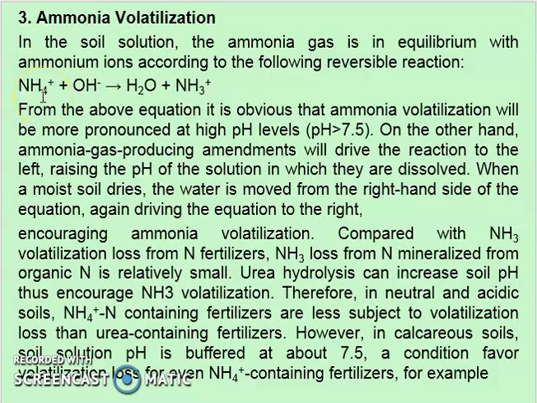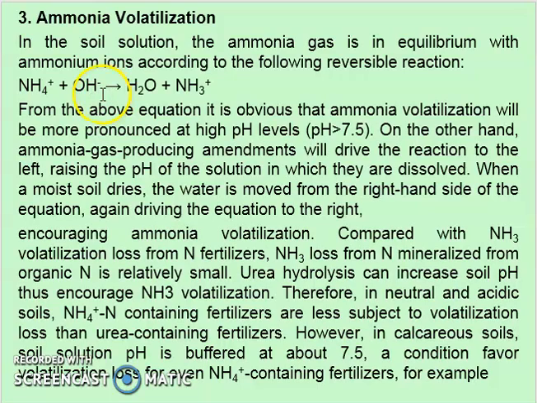dissolves in water and ionizes to ammonium ion. The ammonium ion in the presence of OH, as we said that the soil solution on calcareous soil has a high pH, and I explained why, because of the presence of calcium carbonate.